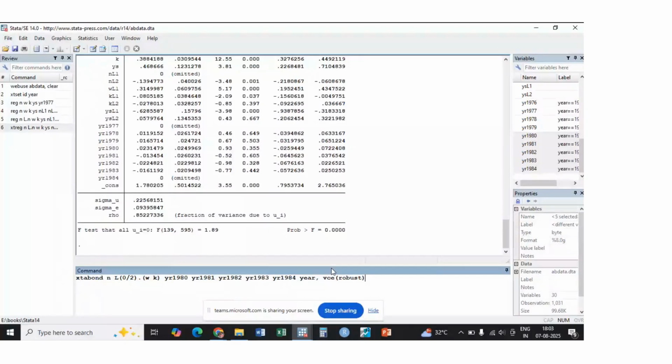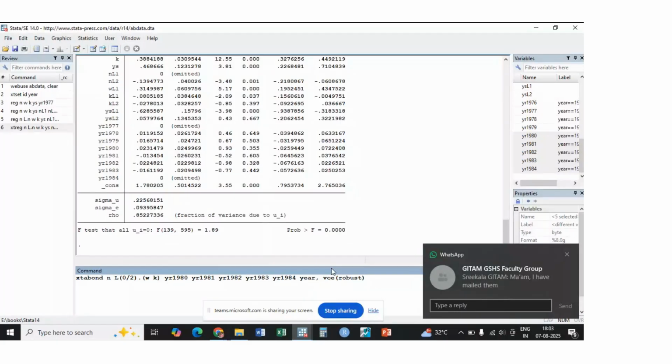Why do we use vce robust? Robust estimates adjust for heteroscedasticity. In the estimation procedure we can account for heteroscedasticity. I'm just going to take a sample and do it. How many instruments do you think will be created?